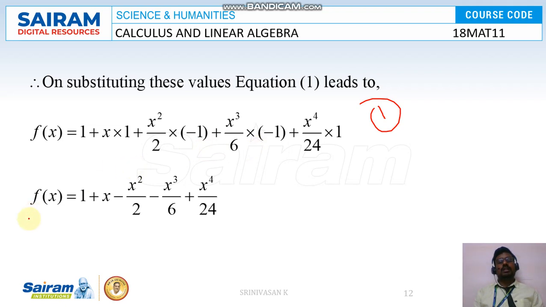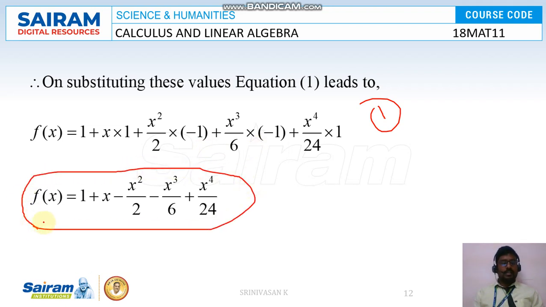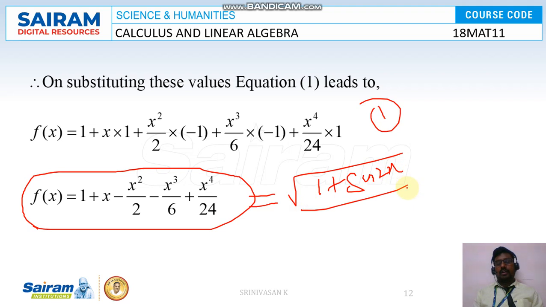Simplify this and we'll get f of x equal to 1 plus x minus x square by 2 minus x cube by 6 plus x power 4 divided by 24. This is the expansion of square root of 1 plus sin 2x.